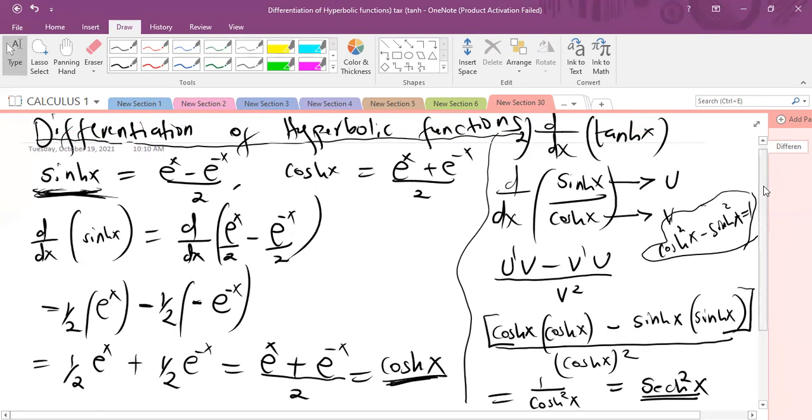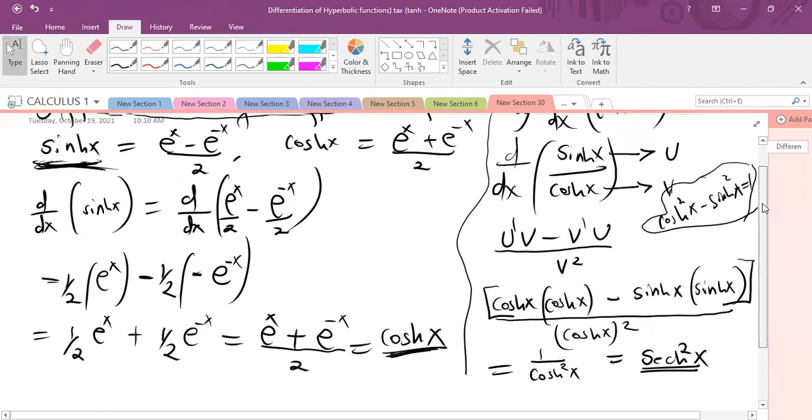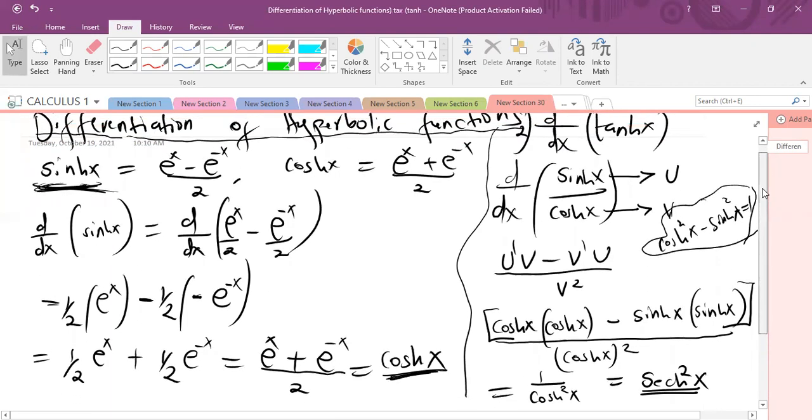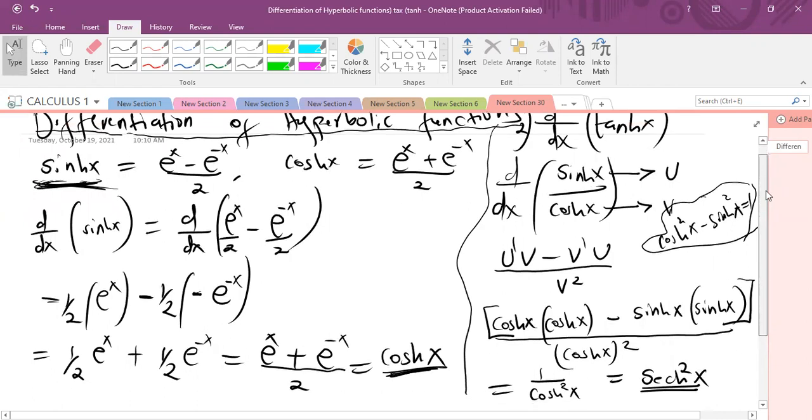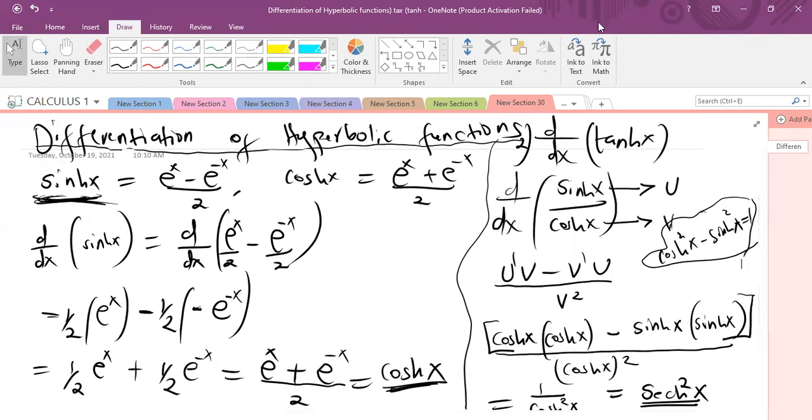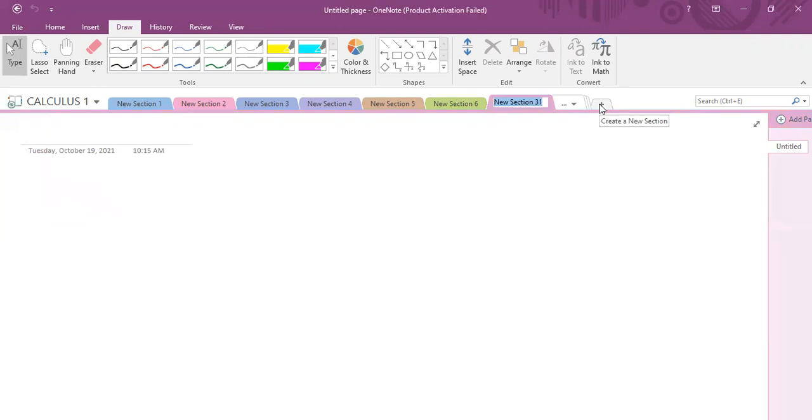Okay, guys, I would like for us to look at the last thing. I don't know if we still have enough time, but at least maybe we'll be able to do a few examples. Finally, I want us to look at differentiation of inverse trigonometric and hyperbolic functions.